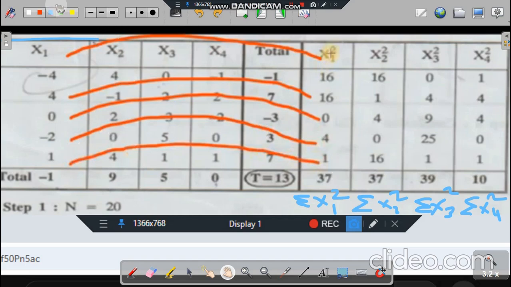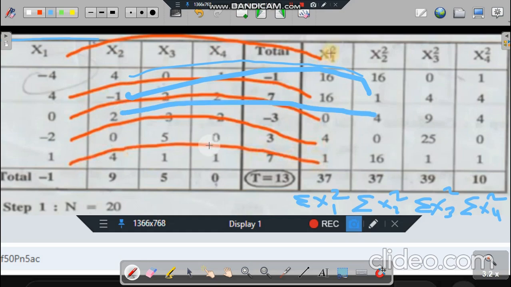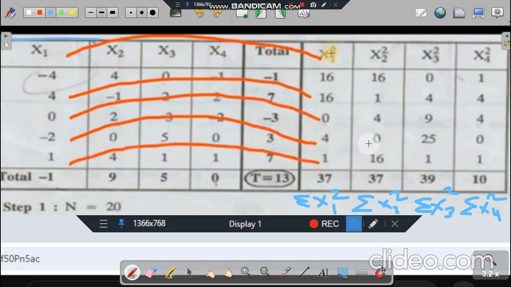Similarly from here to here: 4 square 16, 4 square 16. Then here -1 square 1, then 2 square 4, 0 square 0, 4 square 16, like that. We have to square the numbers.